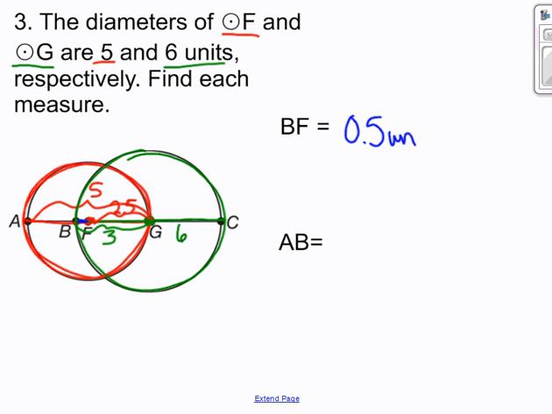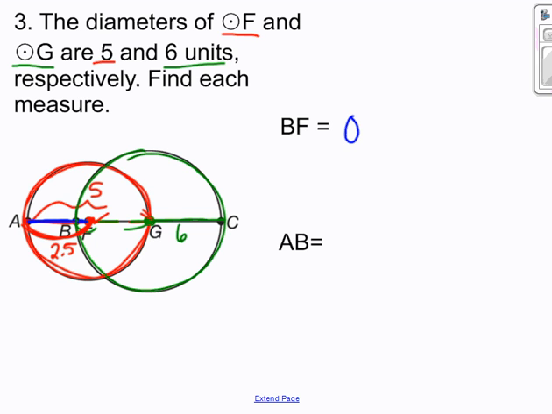And then AB, so this is 0.5. I'm going to erase some of this stuff here. So I need to find AB now. Well, I know that FA, that's the radius of the red one, and that's half of 5, so that's 2.5.